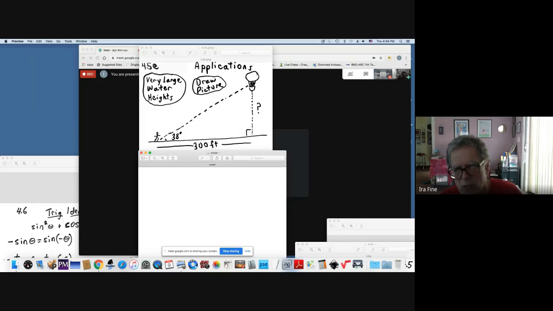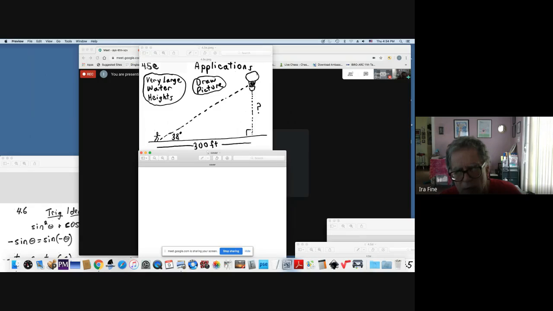So you can very accurately sight in this direction, then you turn the little telescope sighting thing you're looking through, and you sight right to the balloon, and it measures the angle that you had to turn on the piece of equipment to sight from here to here. And you can pretty accurately see what that angle is.